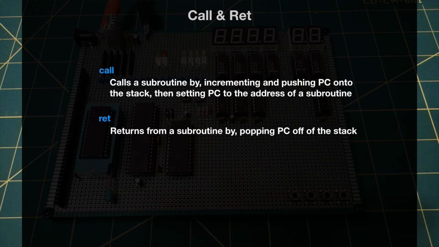So we've got a couple more new instructions here. We've got the call instruction and the ret instruction. The call instruction calls a subroutine by incrementing and pushing the program counter onto the stack, then setting the program counter to the address of a subroutine. The ret instruction returns from the subroutine by popping PC off of the stack.